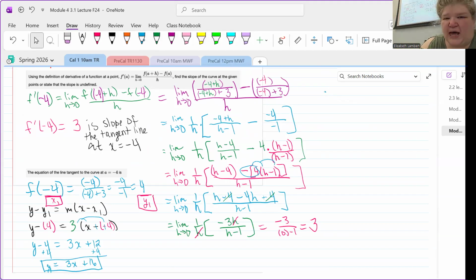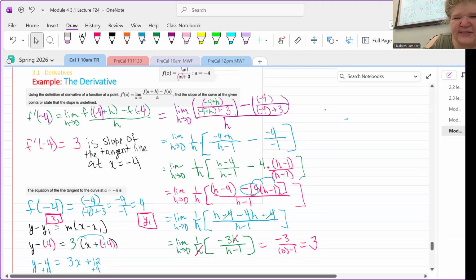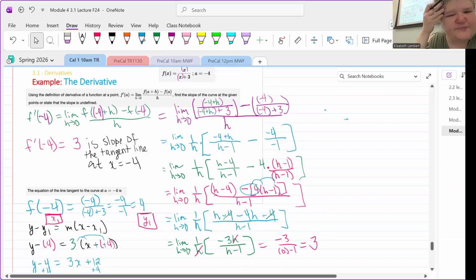So there is a whole lot of algebra work on these questions, and it's really easy to get lost in all of the algebra work. So when you finish a problem like this, it's helpful to go back and think through, what was I doing? Why was I doing it? So they asked us to find the slope of the curve at the given point. And the given point was a equals -4.